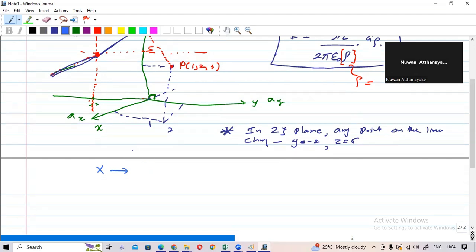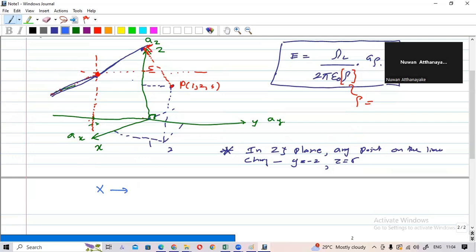Because if you consider any point, that point has a constant length from this line charge to the x-axis, so you can ignore this x-axis coordinate.